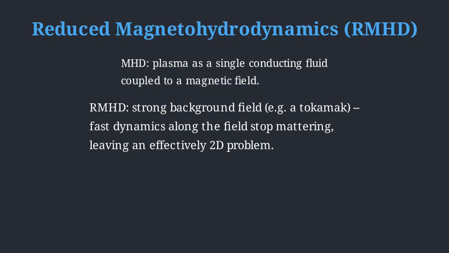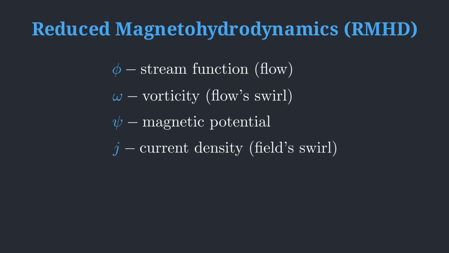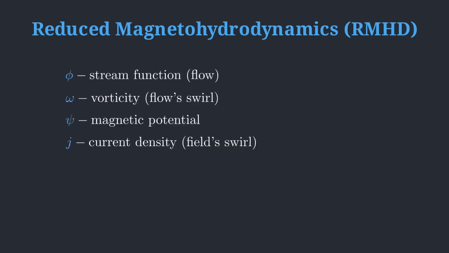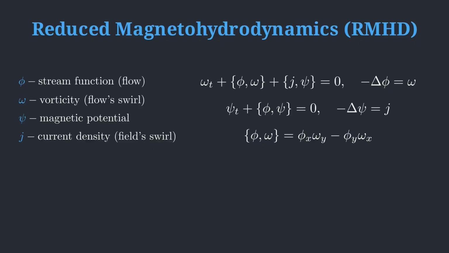Under those conditions, the fast physics along the strong field direction basically stops mattering, and you're left with an effectively two-dimensional problem, where only four fields remain as useful: the stream function, the vorticity, the magnetic potential, and the current density. The equation simplifies to the equation below, with the Poisson brackets being simply the two-dimensional Poisson bracket as seen below.